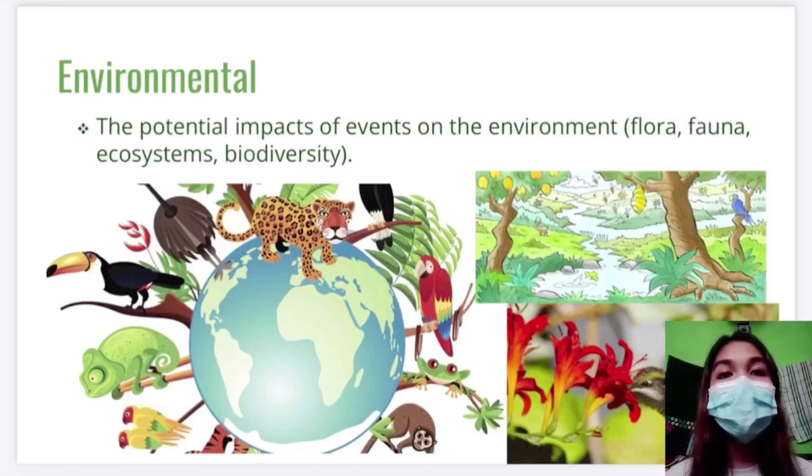So when we say environmental vulnerability, these are the potential impacts on our environment, ecosystems, and biodiversity. The main key aspect in this vulnerability is natural resources depletion and resources degradation. For example, reduced biodiversity results in food supplies being more vulnerable to pests and diseases.